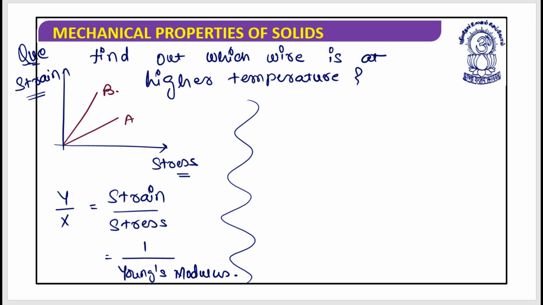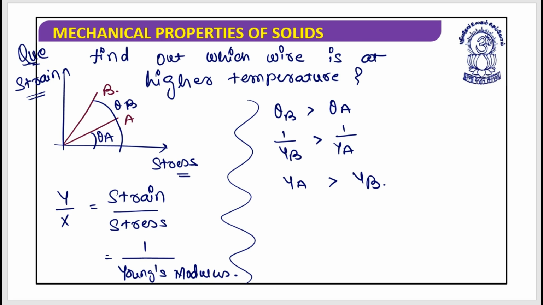If I find the angle, this is theta A, and let's say this is theta B, then theta B is greater than theta A. That means here the slope is not the Young's modulus, the slope is 1 by Young's modulus. So 1 by Y of B is greater than 1 by Y of A, that means Y of A is greater than Y of B.